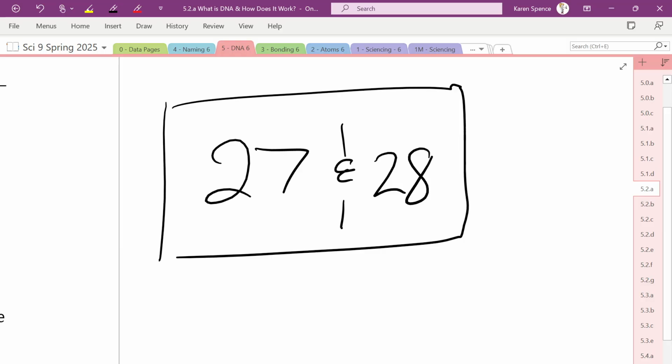So here's your DNA. We get a partial copy of RNA. The DNA is copied by the RNA.